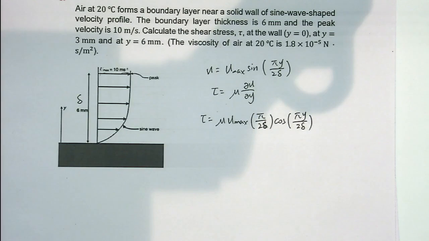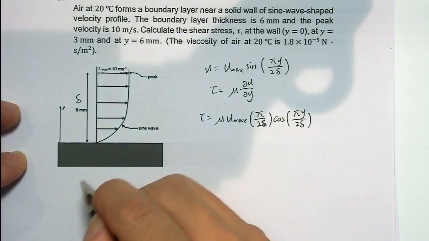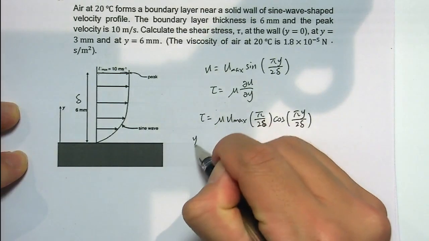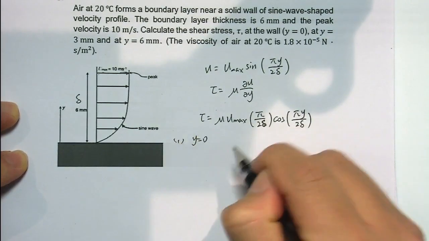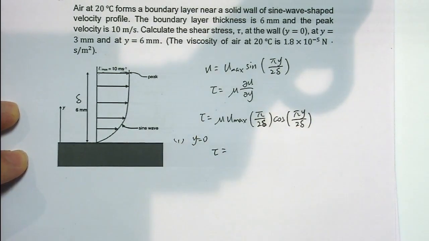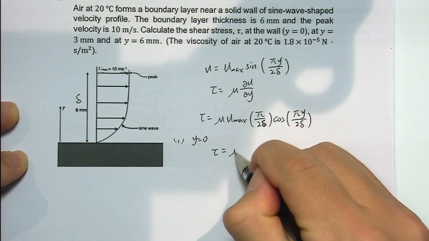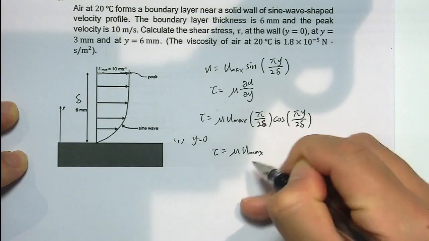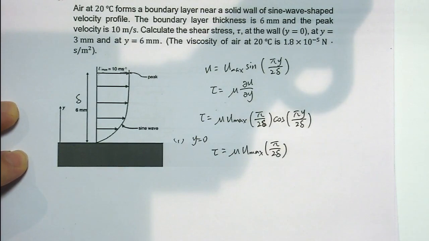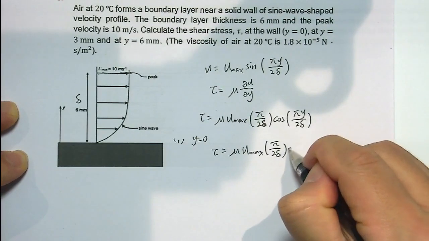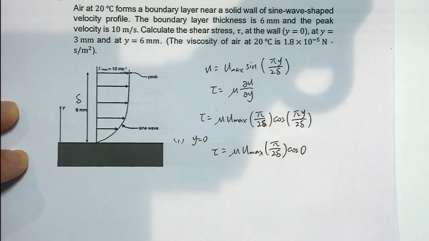And now we could solve the tau at different heights. Firstly, at y is 0, we got tau is mu u max pi over 2 delta, because at y equals 0, cosine 0 is 1.